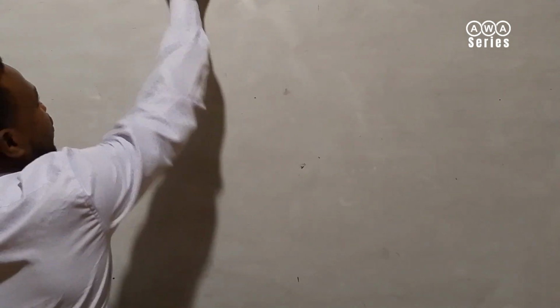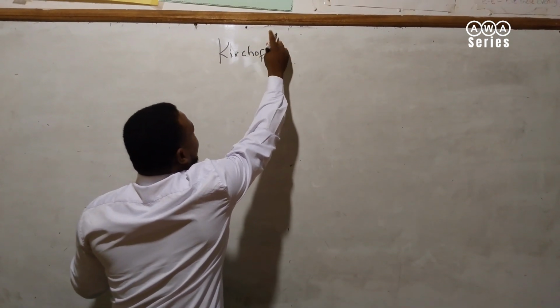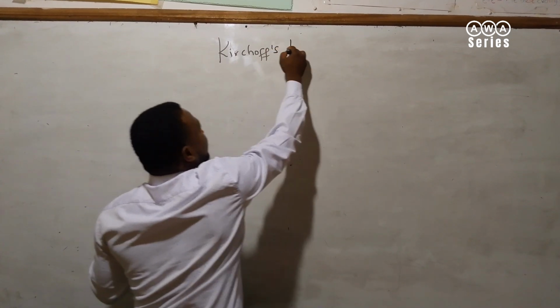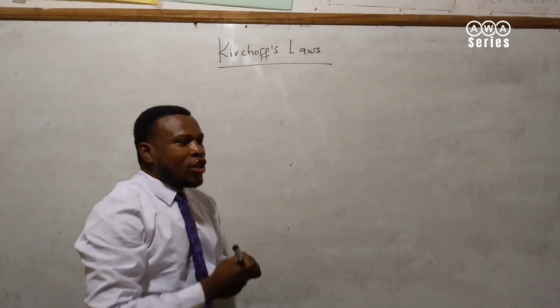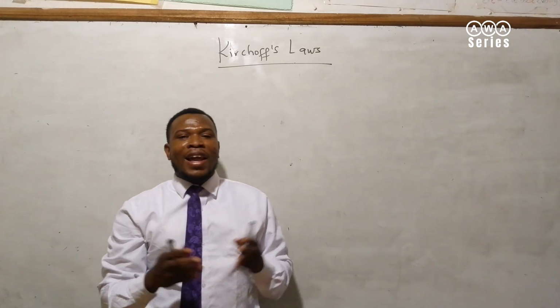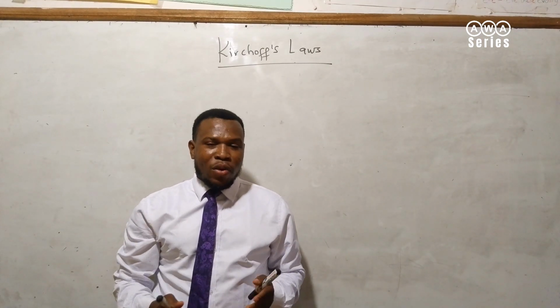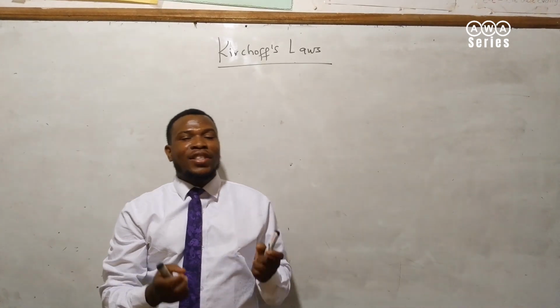So today we are going to look at Kirchhoff's laws. Now, Kirchhoff's laws are just a set of rules that help us to analyze a closed circuit. When you have a closed circuit that is made up of so many loops and junctions, you need some set of rules.